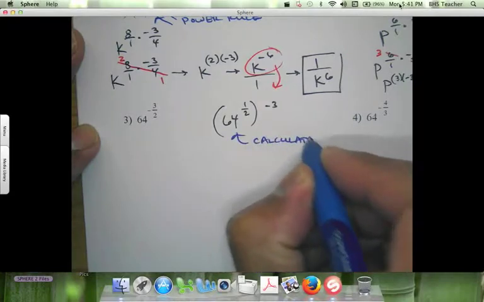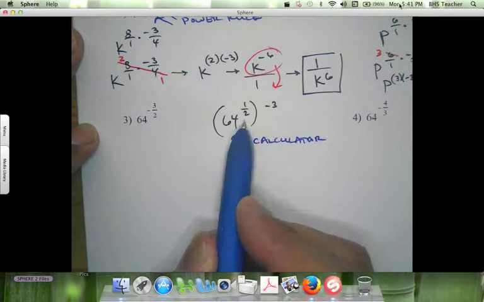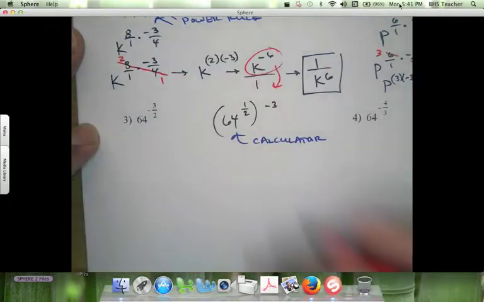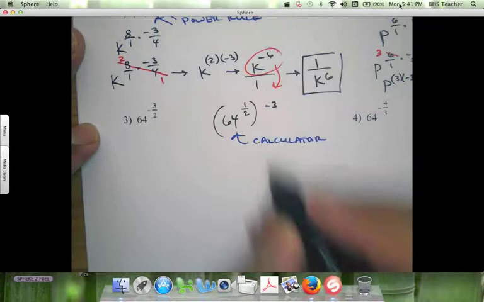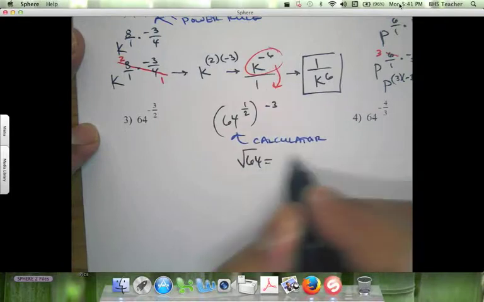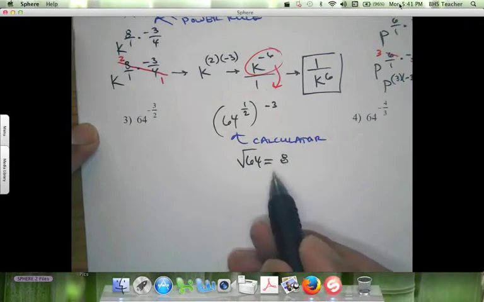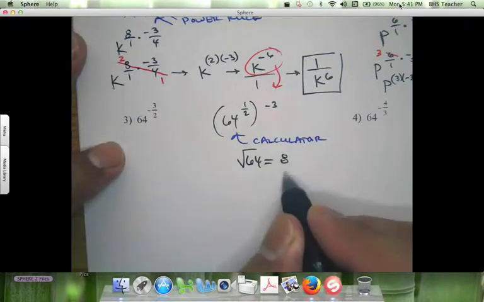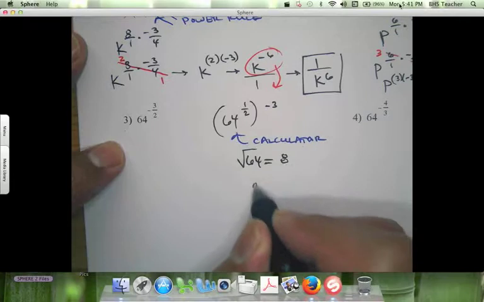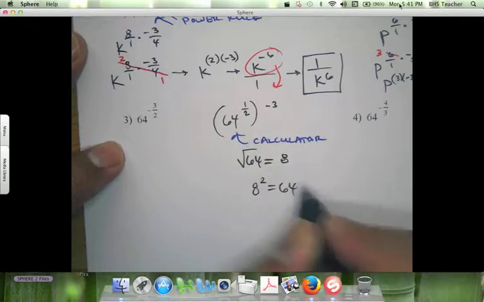Well, for this rational exponent, that means you take the square root of 64. The square root of 64 is 8. But really what you take from this is that 8 squared is 64. This is the information you take from it.